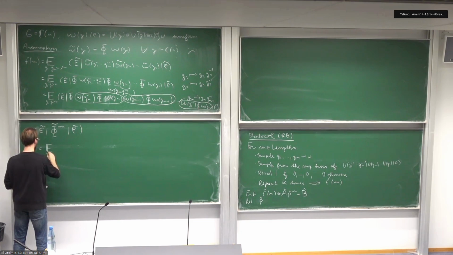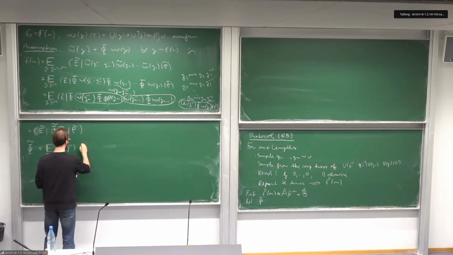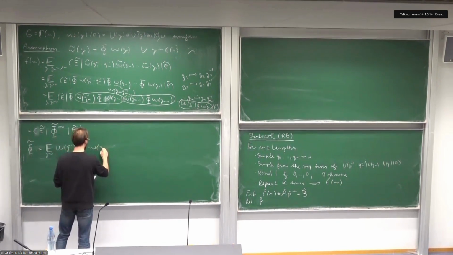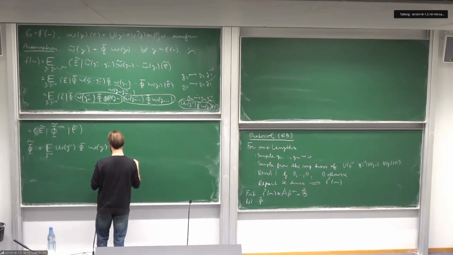So it's G mu, and then we have U reversed by omega G, right? And I'm just going to write it in pictures.